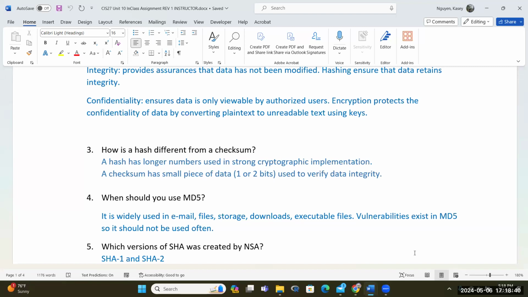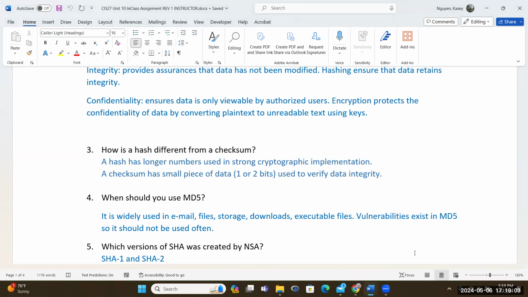This has been compromised, but it's still being used for a lot of things. Whenever you go and download software, you often see that they provide the hash value in MD5 or SHA, SHA-256, right? Or a variation of the more common hash algorithms.